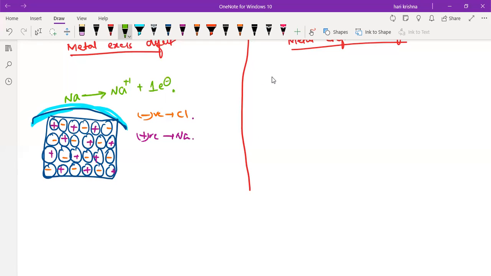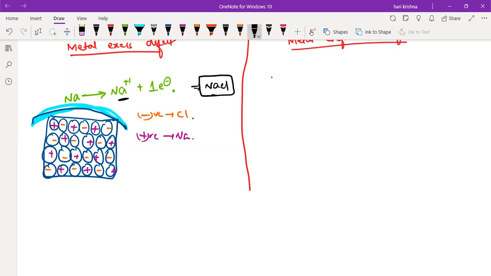Now if you want to form the NaCl crystal on the surface of the given solid, what is required here again?